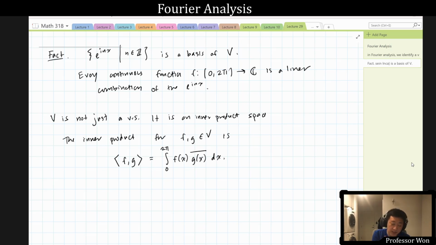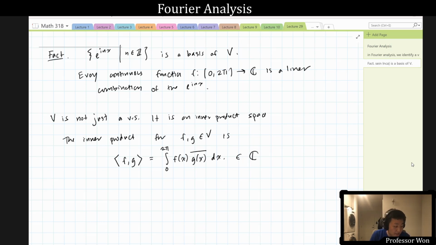So you can change every 0 to 2 pi to be negative pi to pi if you want. It doesn't actually change anything. Okay, but this thing spits out a number in C, right? You're doing the definite integral over this interval in R of a bunch of complex numbers, so you're going to get a value in C. So for every two functions, you'll get some different value in C.